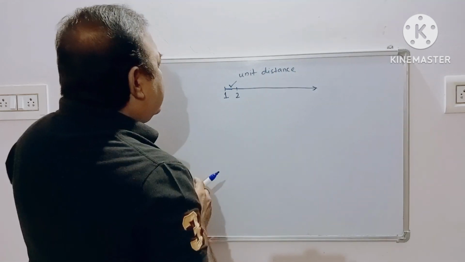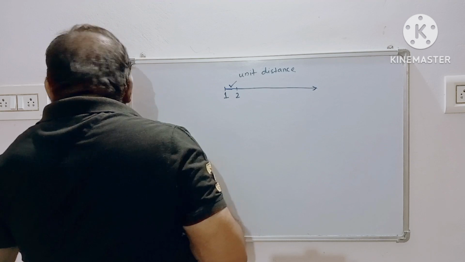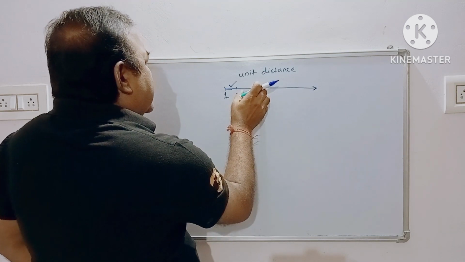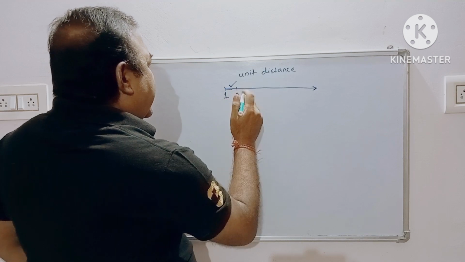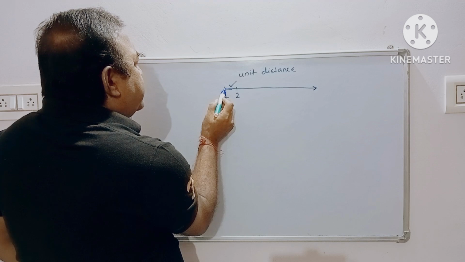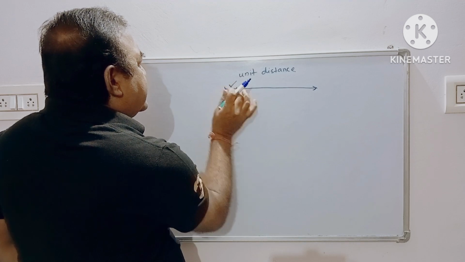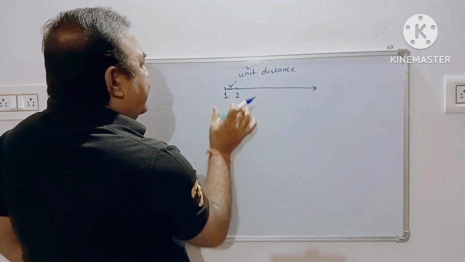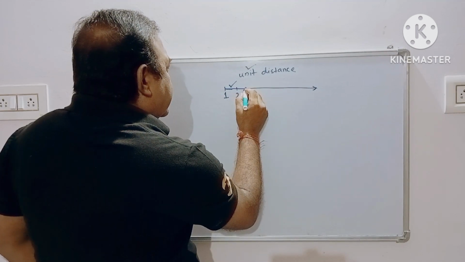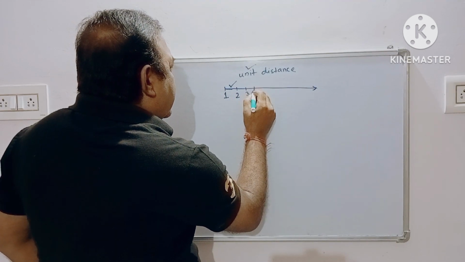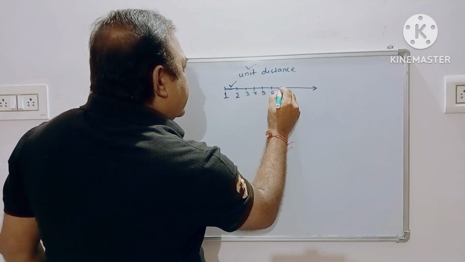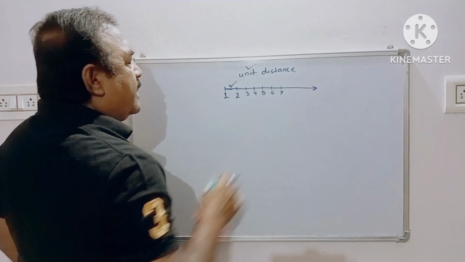You create such unit distances towards the right, the same distance from this point to this point, and create some more unit distances like 3, 4, 5, 6, 7, on and on.